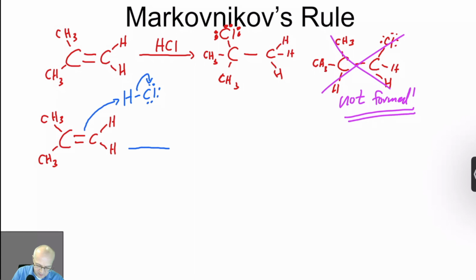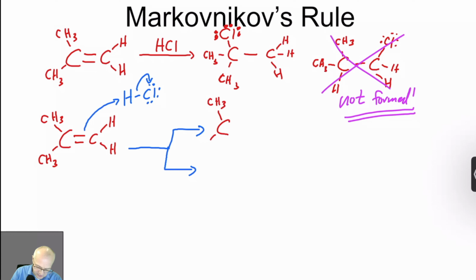So now, we have to decide. We have a choice here. We can either put the hydrogen to the right of the double bond or to the left. The hydrogen can either go here or it can go here. And I say to students, when you're first learning, draw both. That way you don't make any silly mistakes. So let's draw both.